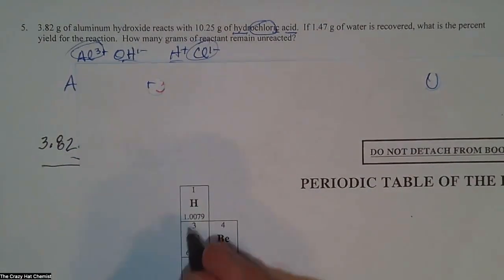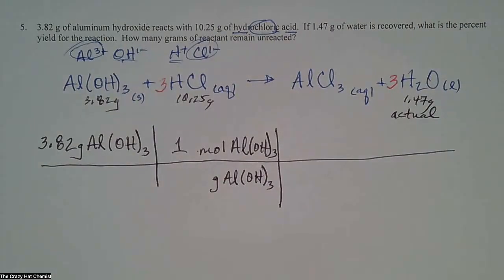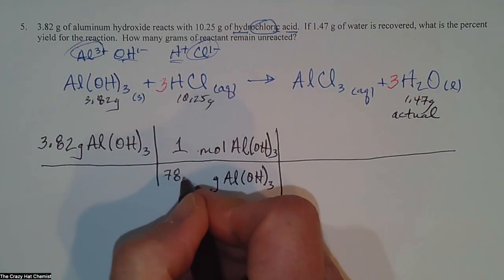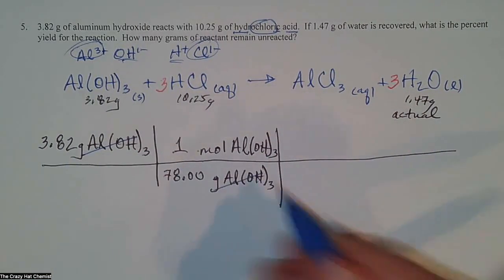And then we're going to take the hydrogen and multiply that by 3, and we're going to sum these all up, and then we are going to round it to the fewest number of decimal places in aluminum, oxygen, and hydrogen, and that will be 2 decimal places. And my number is 78.00. Okay.